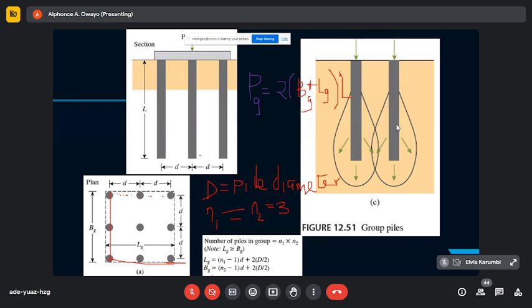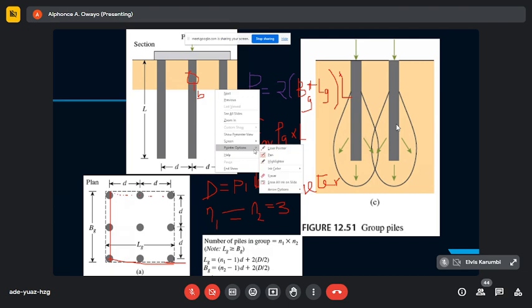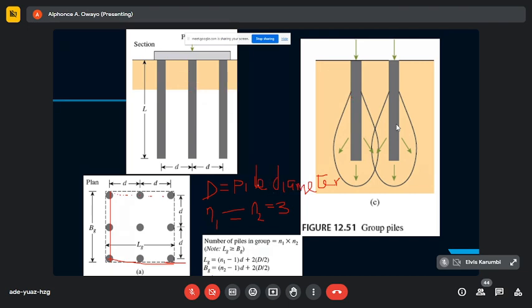If you have FAV, then times PG times L, and that would be the capacity of the skin friction. Similarly, you can do the same for the capacity of bearing. Very fairly straightforward, like we have said.